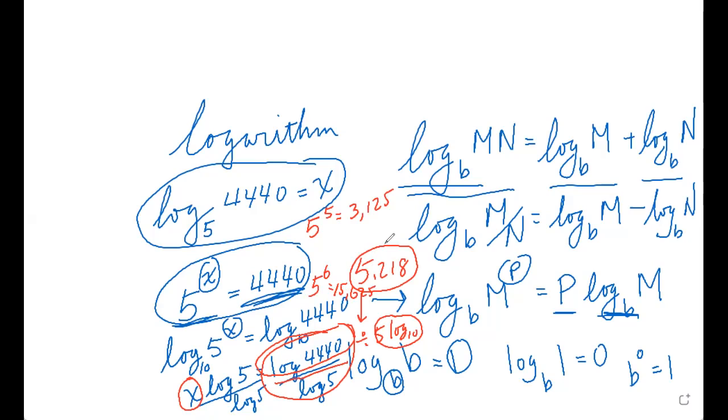So now, the answer is 5.218. So 5 to the 5.218 should give me a number between 3,000 and 15,000, and 4,440 seems like a very close answer.